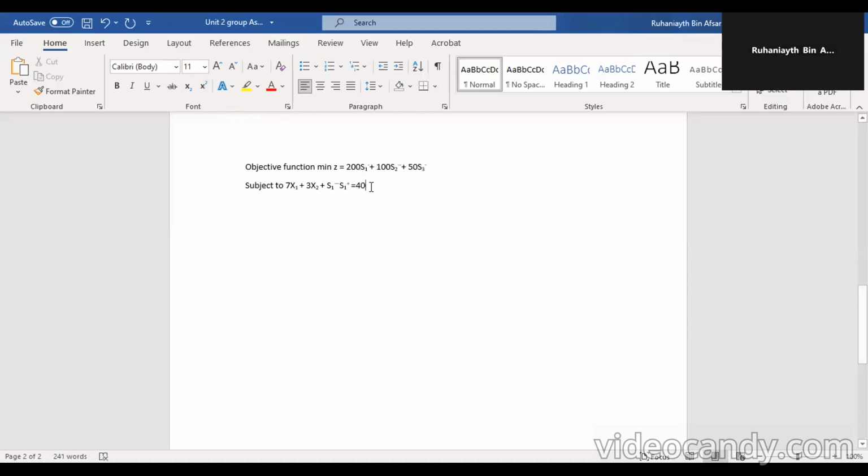So this is the first constraint. Let me write the side note: it is high income men.